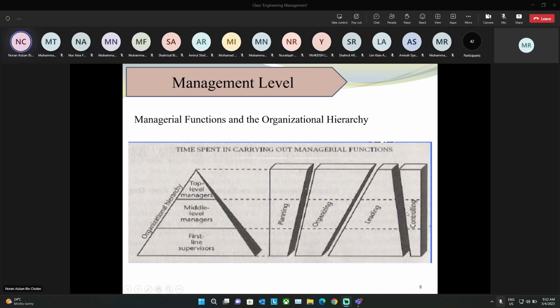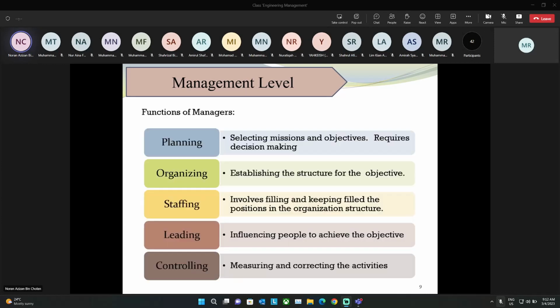Also, top level managers spend a longer time on controlling compared to chief engineer or engineer. Controlling, I will explain later in the next slide.